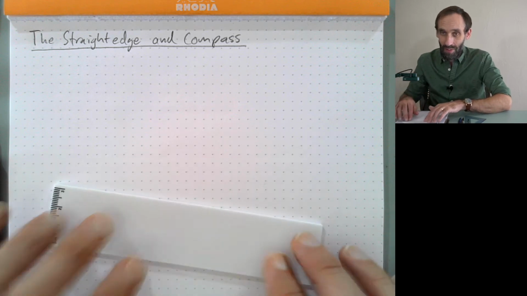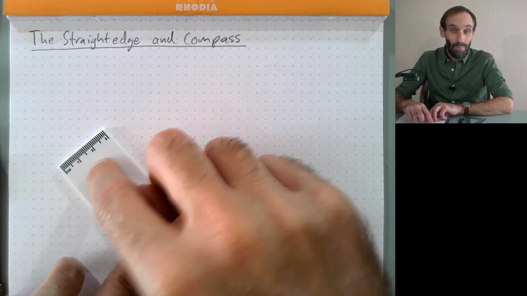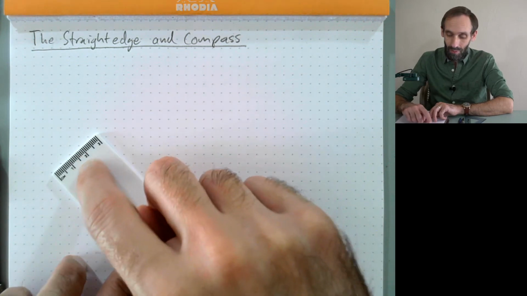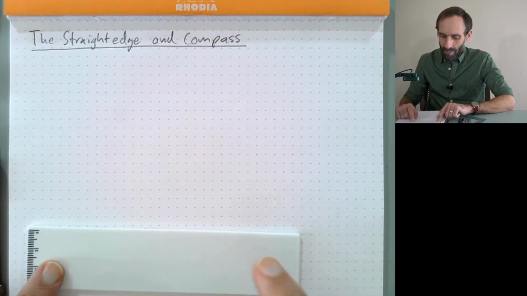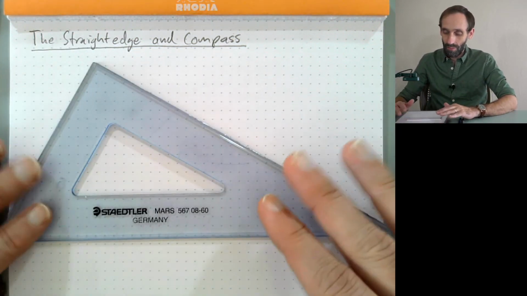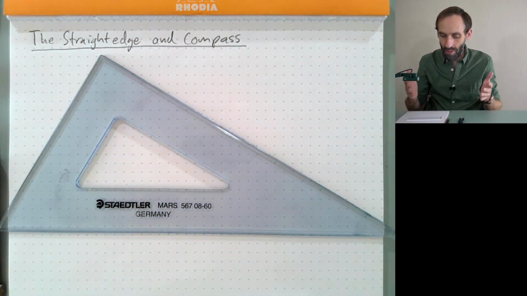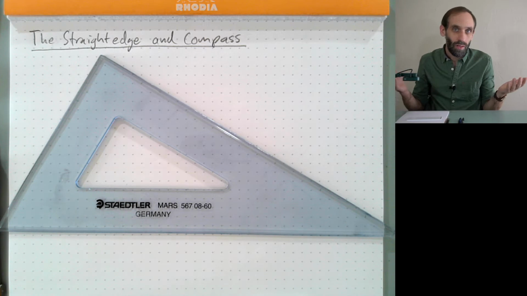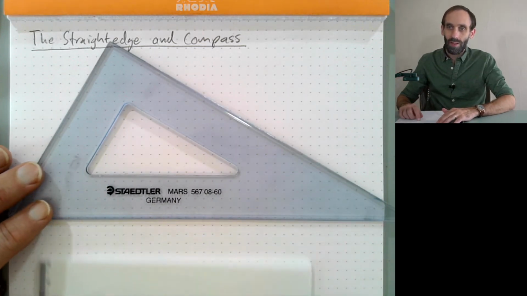It kind of reminds me that the most important thing this does is draw straight lines, and that the measurement of anything is the secondary purpose, actually. Although, as much as I like this one, I'll probably end up using this triangle here for the most part as a straight edge. And the purpose of the straight edge is to draw straight lines, so I'll be using this and also this at times.